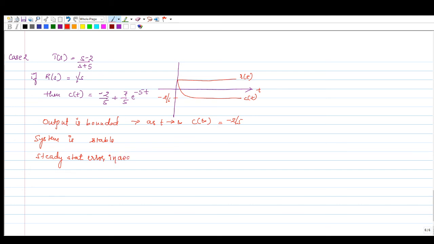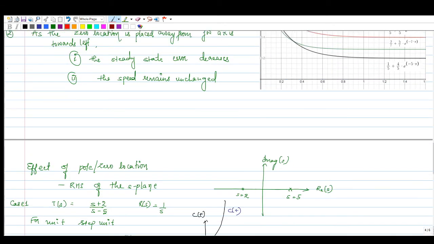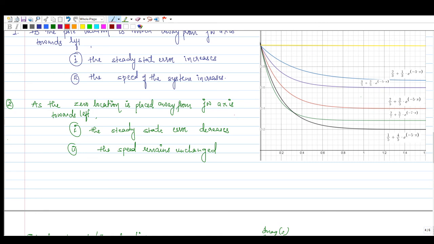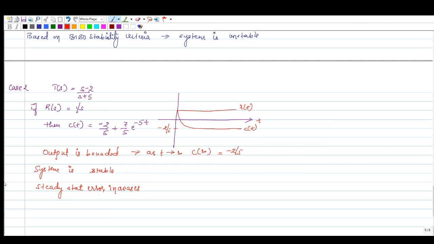It is more than 100% now, because we saw in the previous video that as the zero location is placed away from the j omega axis towards the left, the steady state error decreases. If you place a zero more towards the right, the steady state error keeps on increasing.